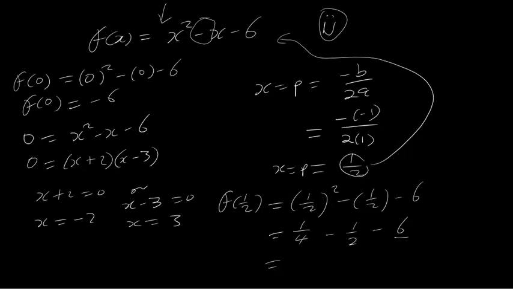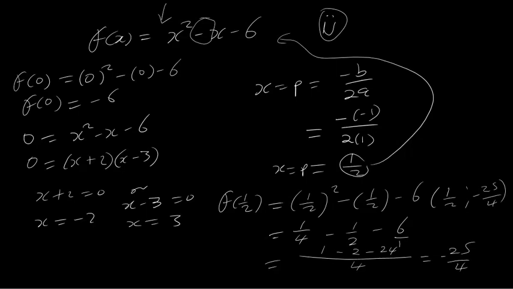I could just put over 1 here. Then we can find the lowest common denominator, which is 4. This is a 1, this is a 2 there. Then this should be about 24. Then this gives me about -25 over 4.